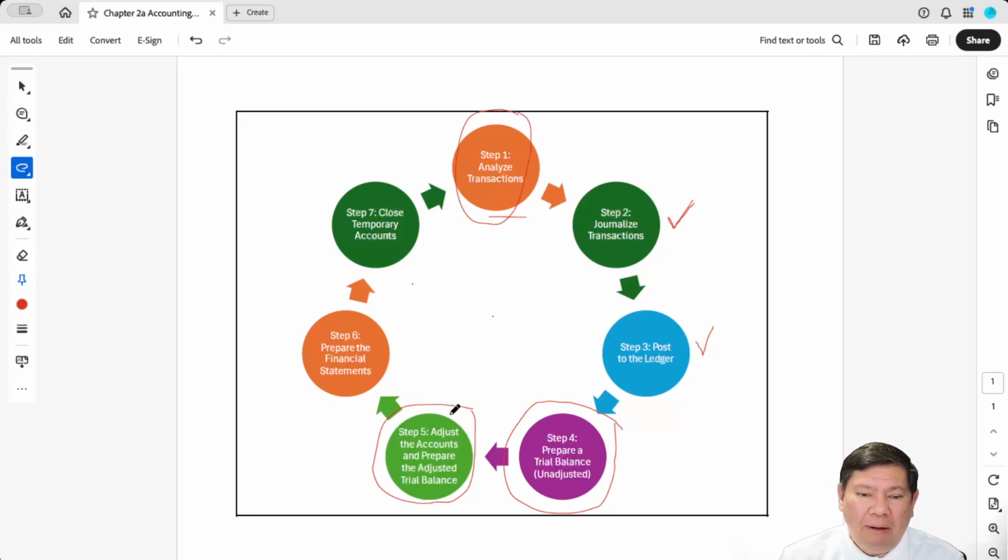Okay, once we have these adjustments, we can prepare the adjusted trial balance. And once the adjusted trial balance is prepared, we are ready to produce our financial statements. So that's the end of the process for the current period.